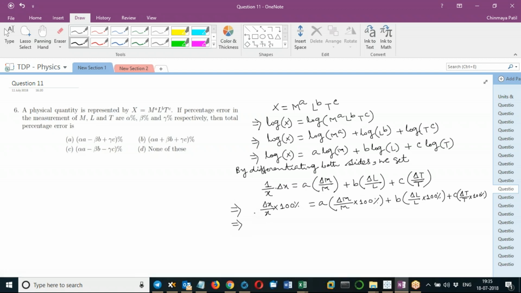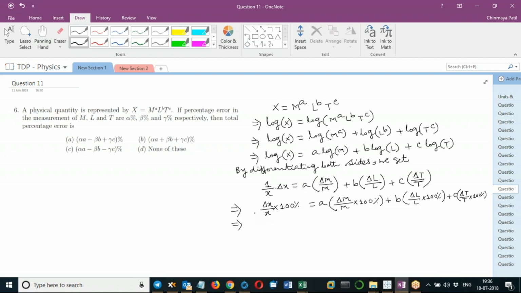According to the question, the percentage error for m is given as alpha percent. So that means delta m by m into 100% is equal to alpha. Similarly, delta L by L into 100% is equal to beta, and delta T by T into 100% is equal to gamma percent.